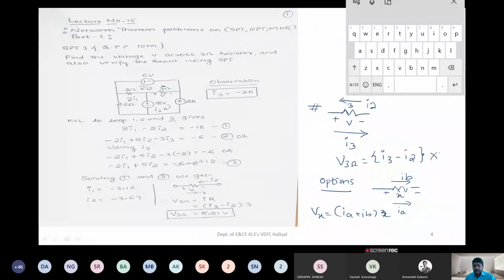Here, what is the resistance value? It is 3 ohms. So you have to write this.